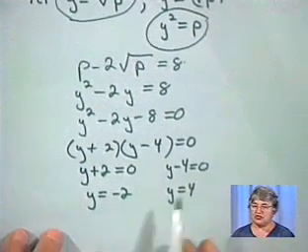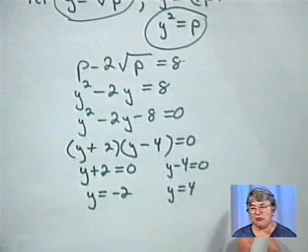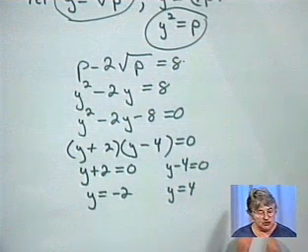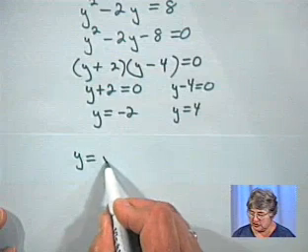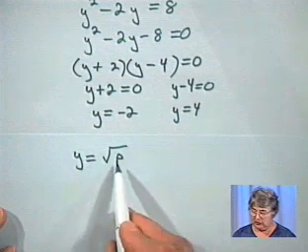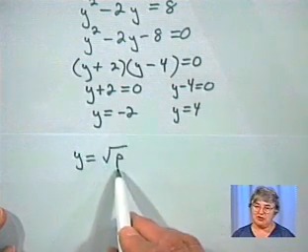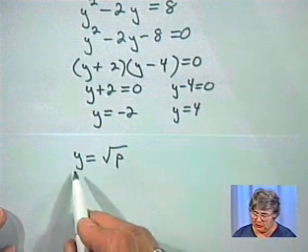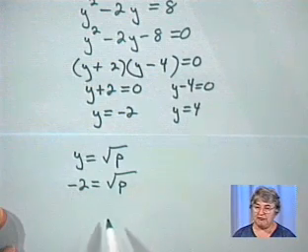But these are solutions in terms of y. Our particular problem was in terms of p, so now we want to express the solutions in terms of p. Remember that y equals the square root of p, and now we want to know if y equals the number negative 2, what is p equal to? So let's let y be negative 2, and let's solve this little equation for p.